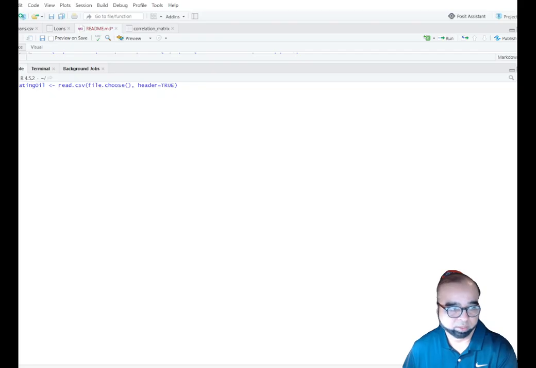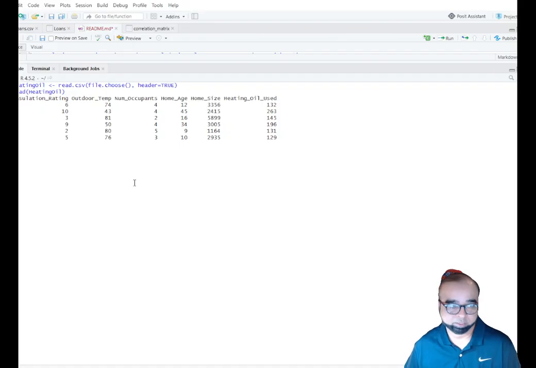So now I'm going to run this command: head(heating_oil). Using the head function allows me to verify that the data imported correctly by displaying the first 6 observations. So if I hit enter, we see the first 6 observations.